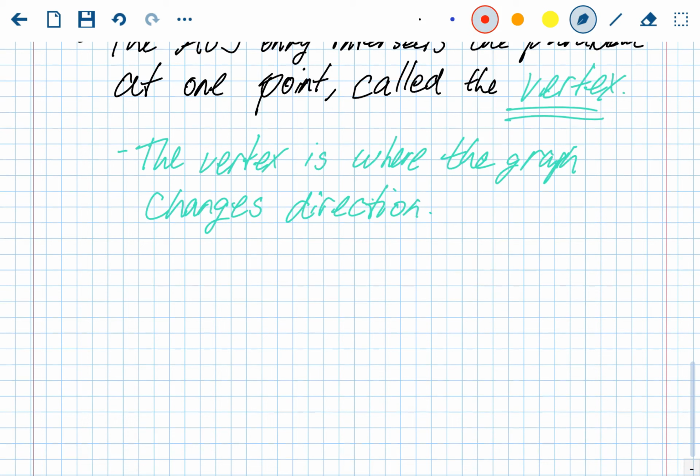And that vertex is always either going to be the highest point or the lowest point on the graph. Now, when we talked about features of graphs, we know the highest point on a graph is called the absolute max, and the lowest point would be the absolute min.